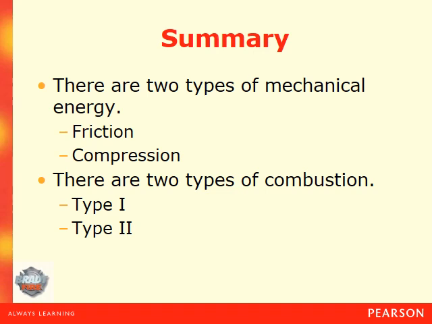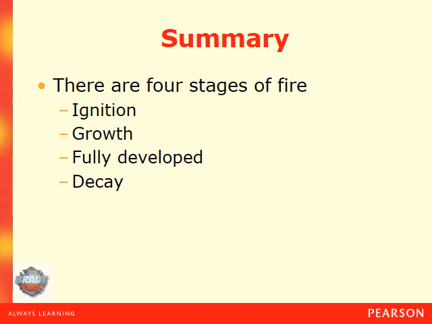There are 2 types of combustion: flaming combustion and non-flaming, I should say flame and no flame. That's your type 1 and 2, like a charcoal grill or wood burning. There are 4 stages total of the fire. You have the ignition, where it's incipient. Then you have the growth. Then you have the fully developed, where all the fuel is burning spontaneously.